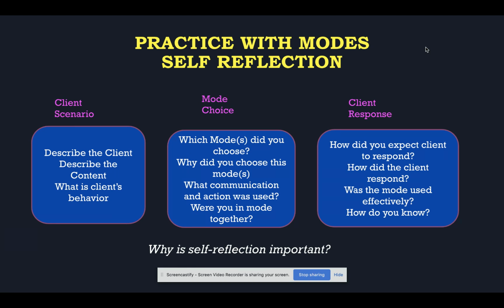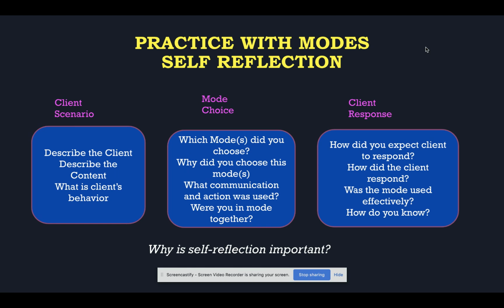Were we in mode together, meaning the client and myself, or the therapist, in conjunction and in collaboration using modes together? We're only going to get that answer by looking at the next section here, which is the client's response. How did you expect the client to respond to your mode choice? How did the client respond?